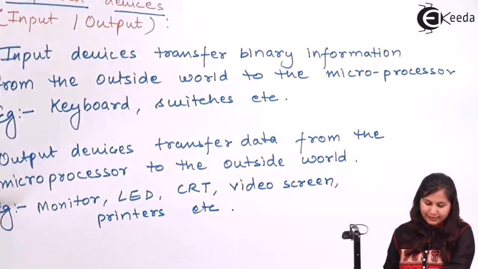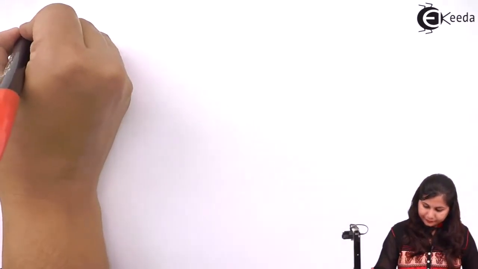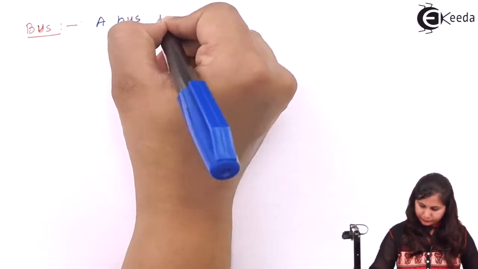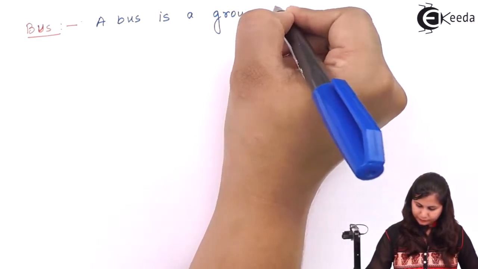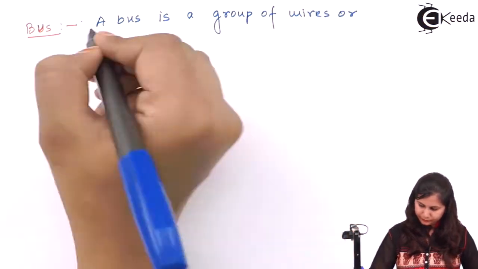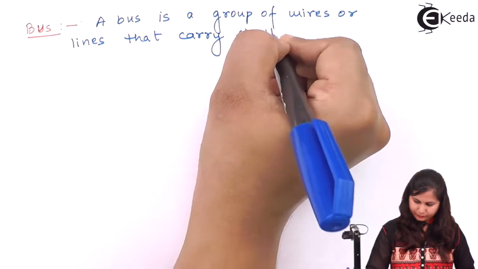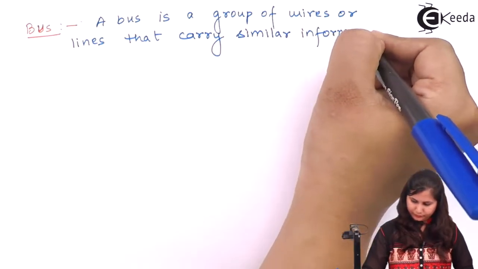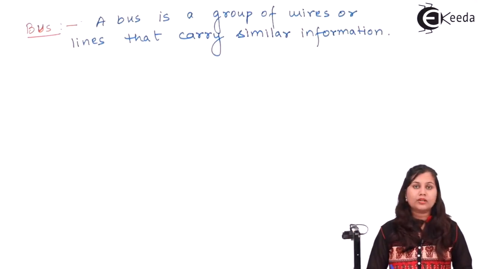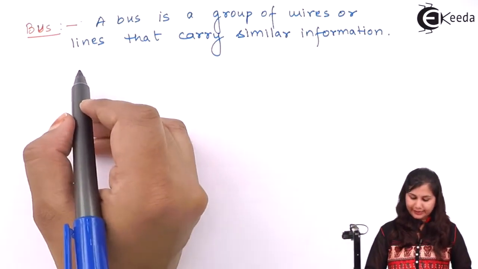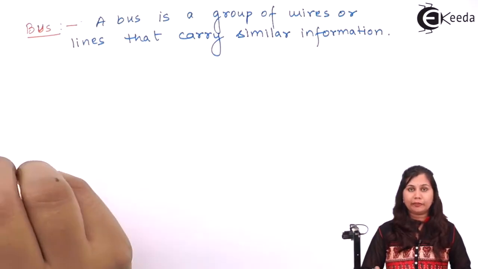So the bus is the communication link between the various components. So we can say that the bus is a group of wires or lines that carry similar information.